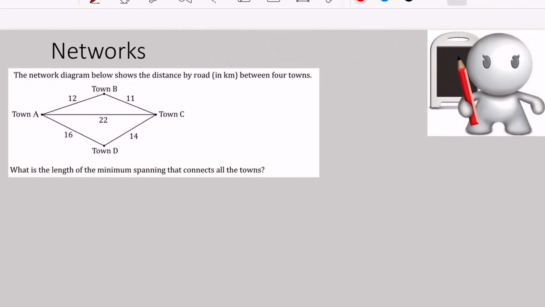Alright, and so we've reached our last topic, which is networks. Now, this is a new topic for the Mathematics Standard course. There's not a lot of questions that you can practice on, because it wasn't a feature of the previous course, the general course. But if you look at the VCAA papers, that's the Victorian curriculum papers, you can source out some really good questions.